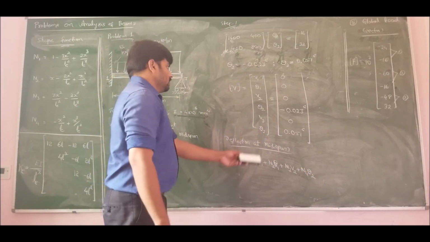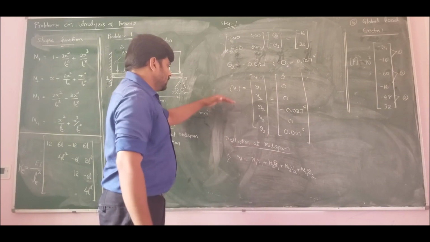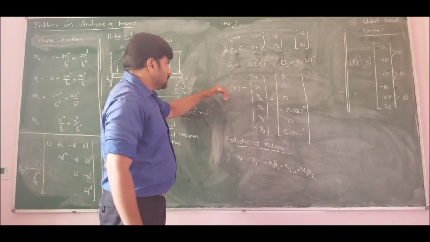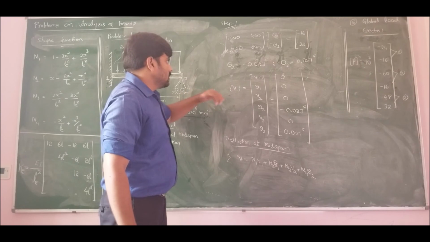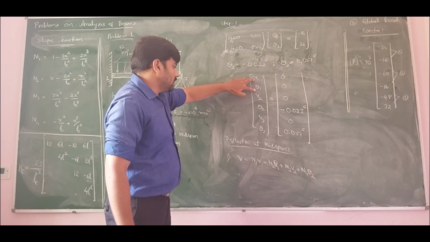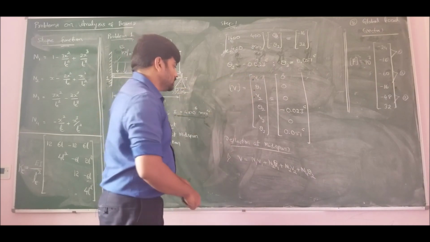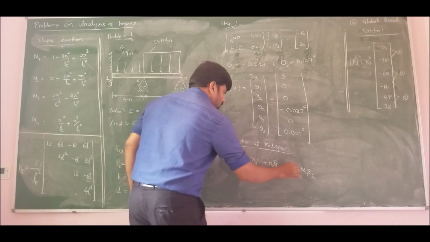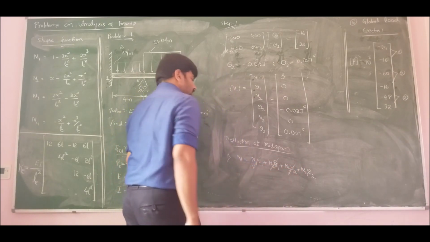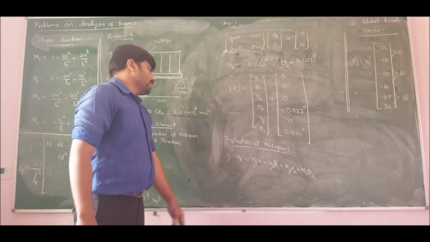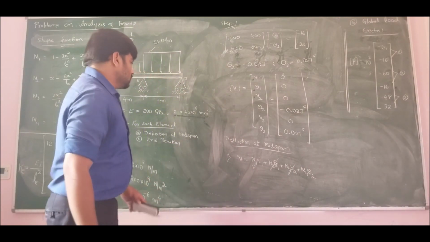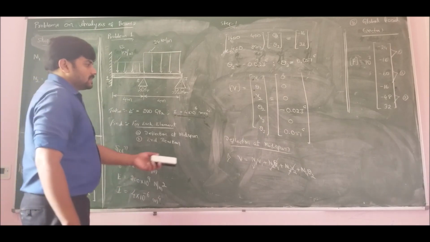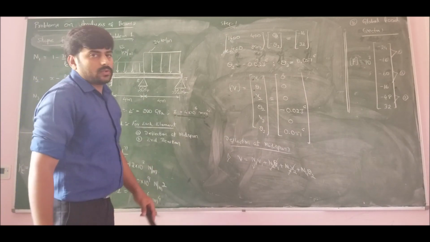So now, from the global deflection matrix or global field variable matrix, we know that V1, theta 1 and V2 are all equal to 0. So therefore, these values will cancel off because these values are all equal to 0. So I am left with N4 theta 2. So the deflection at midspan, substitute the value as x is equal to L by 2.